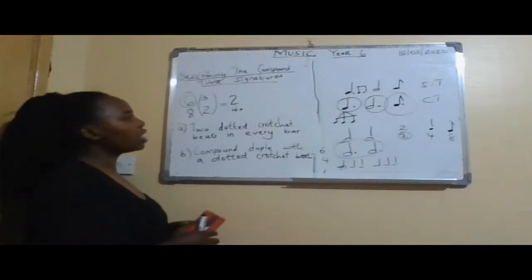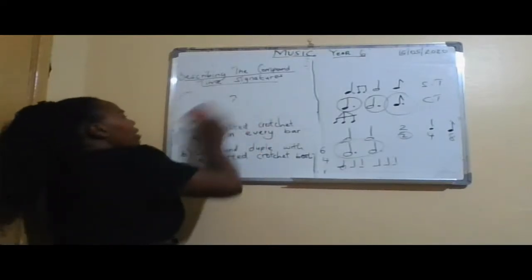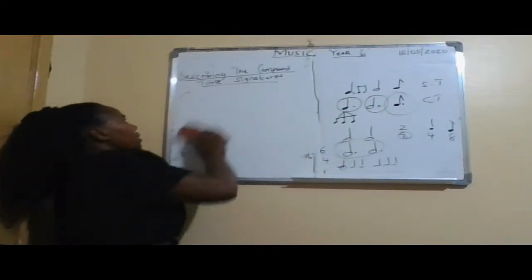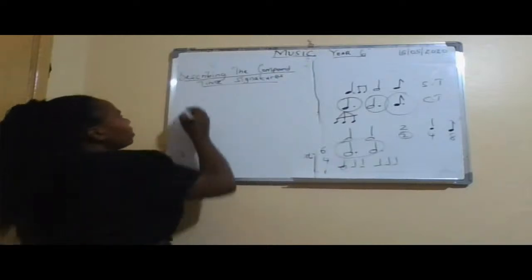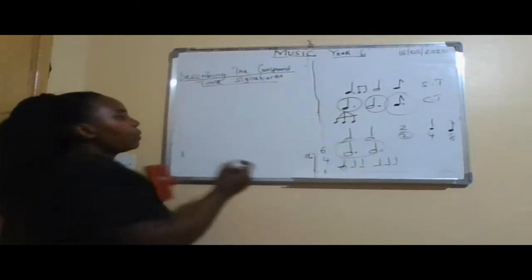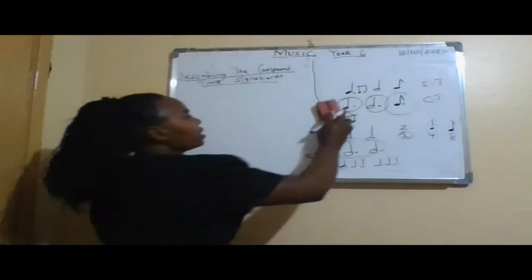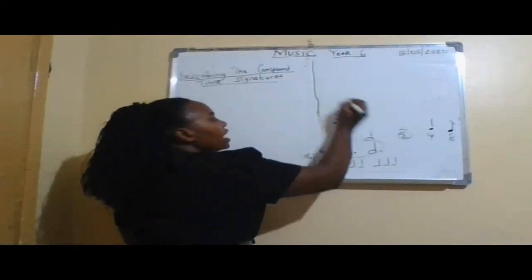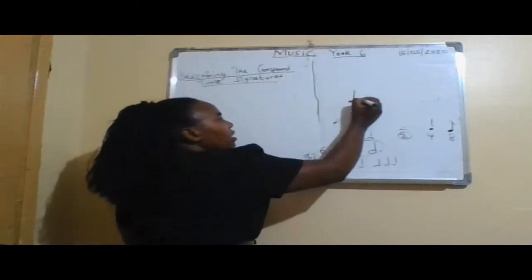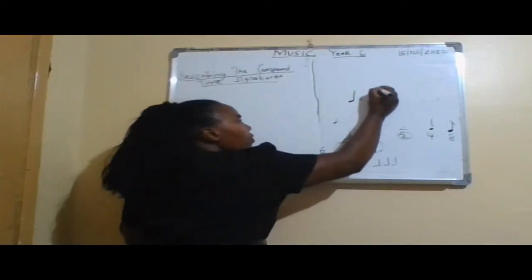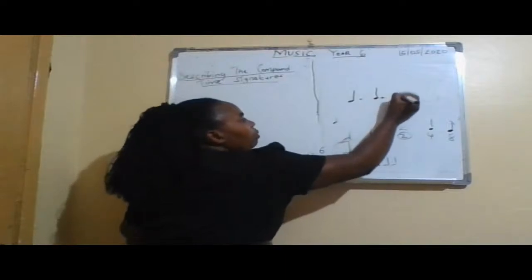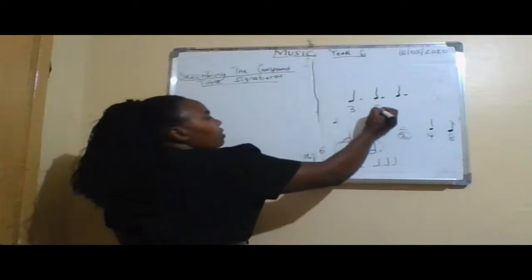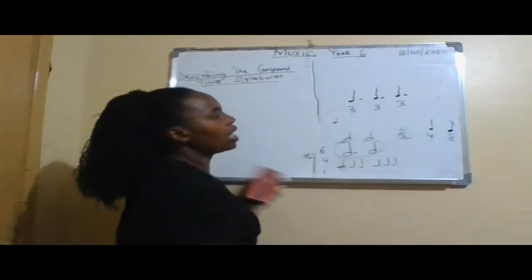Let us look at another example in maybe compound triple before I give you an exercise. Now, in compound triple, remember we said, for example, if you take 3 dotted crochet bits, because they have to be 3 dotted bits, this one will give us 3 quavers, this one 3 quavers, and this one 3 quavers.